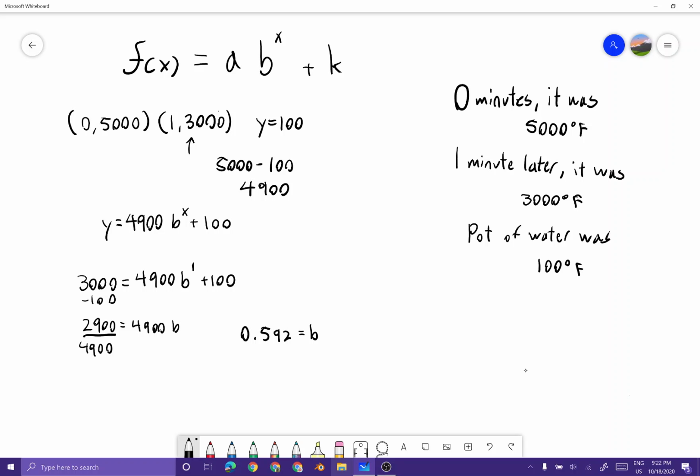So then your final equation would be f of x, or y, if you so desire, 4,900 times 0.59 to the power of x plus 100. This is our final equation right here.